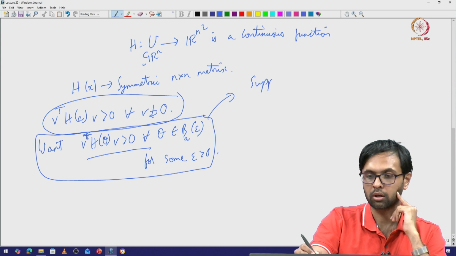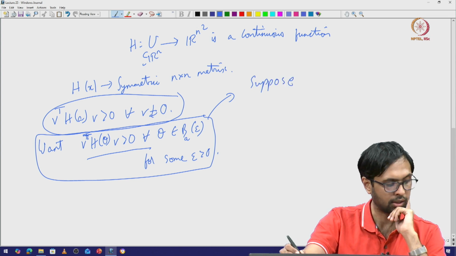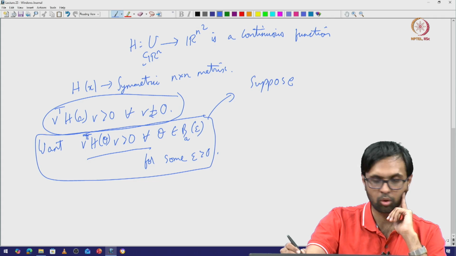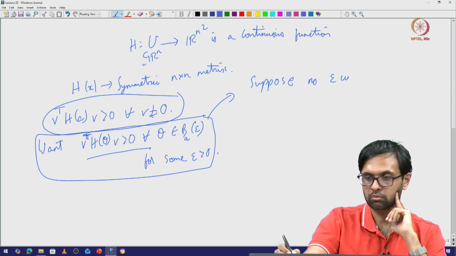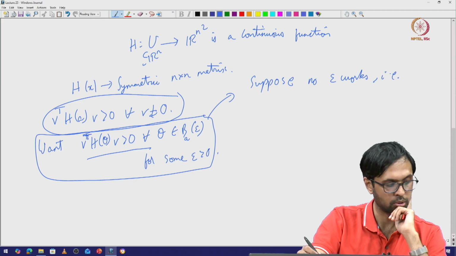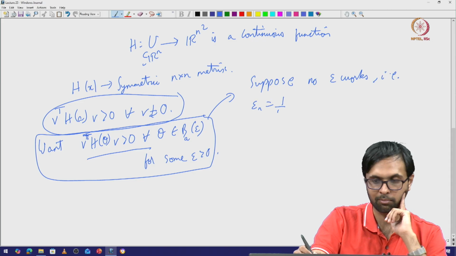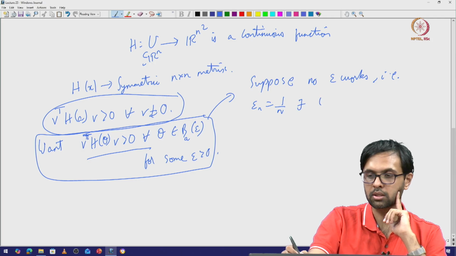suppose, for the sake of argument, that no epsilon works. That is, if we choose epsilon n equals 1 by n, there exists a theta n in this ball of radius 1 by n where this fails.